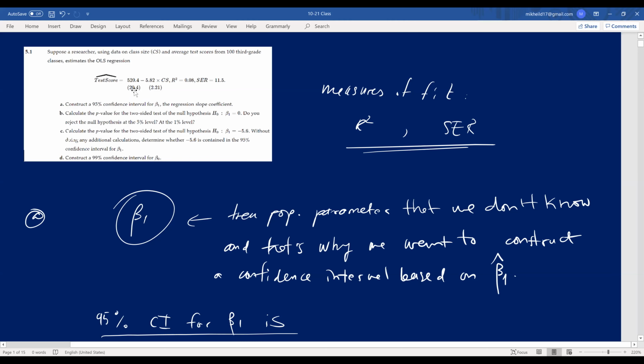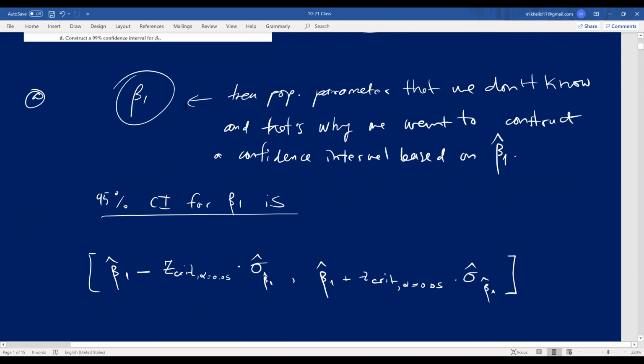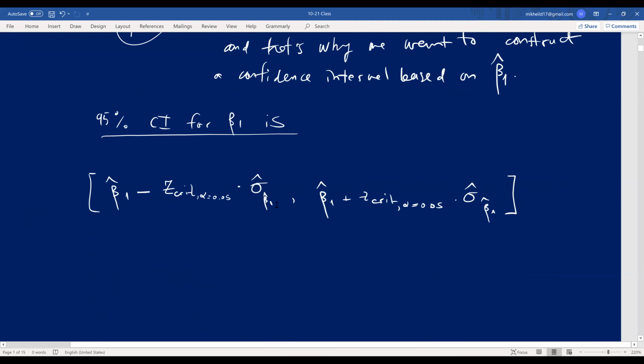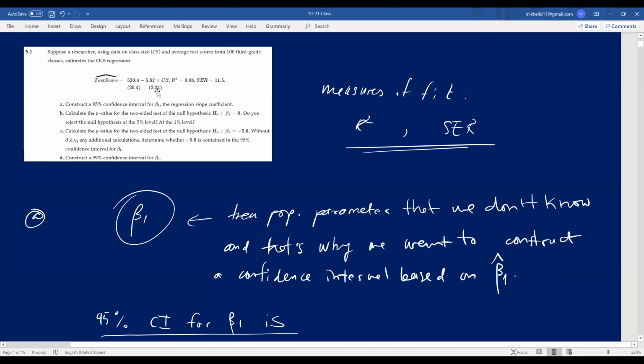We want the estimated standard deviation of estimated beta 1, which is also given here, 2.21. In the parentheses we always have, most of the time, the estimated standard deviations of the estimated betas.